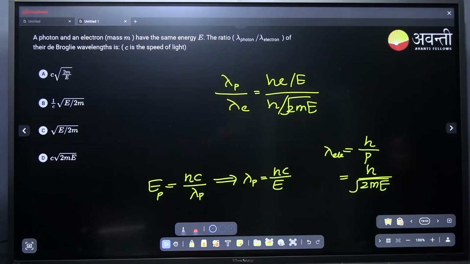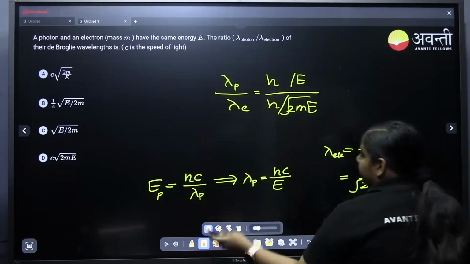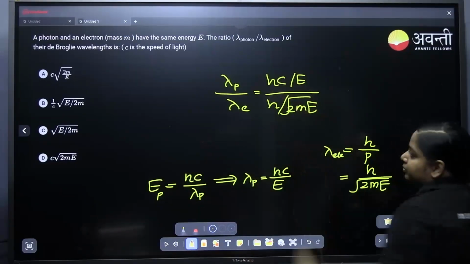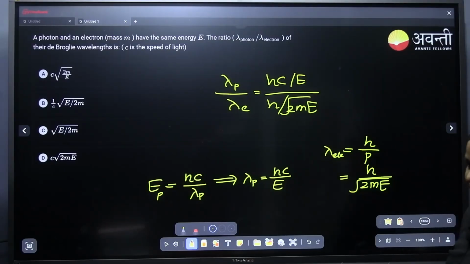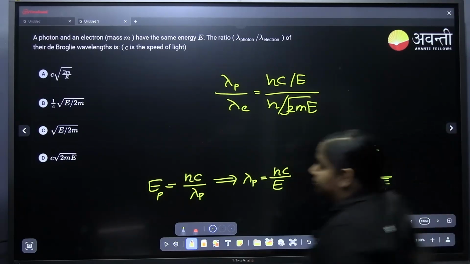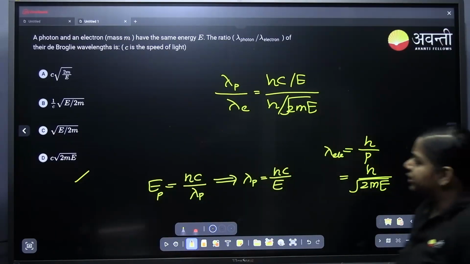What will be the answer? This is not E, sorry, it shouldn't look like E. That is C. Which will be the answer? Option D. Yes, option D. Is it option D?